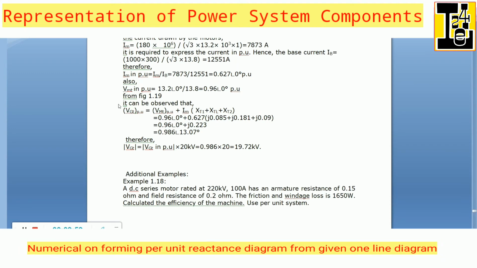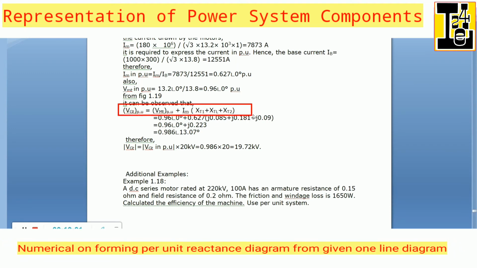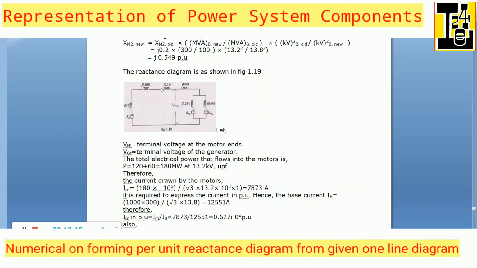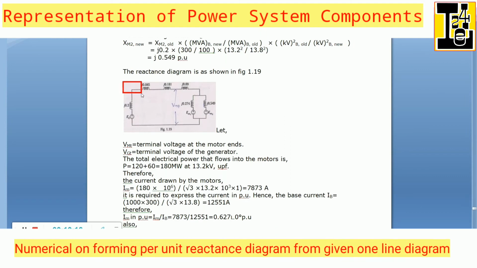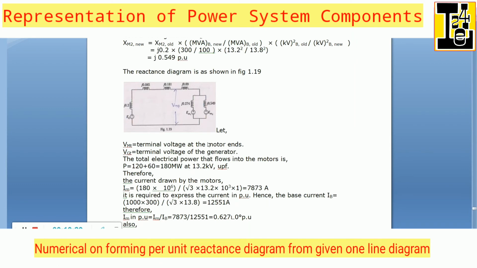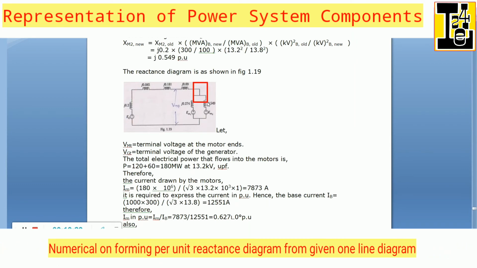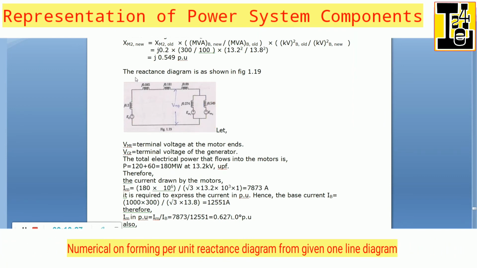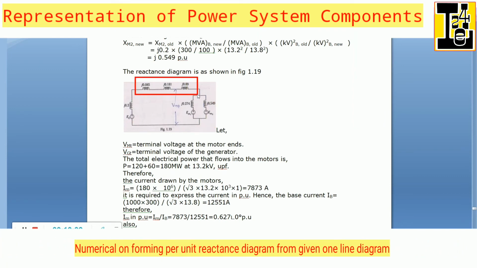So VGT can be calculated as VMT per unit plus IM per unit into bracket XT1 per unit plus XTL per unit plus XT2 per unit. It means that the voltage at this place, that is the terminal voltage of the generator, is equal to the per unit voltage at the motor terminals plus the voltage drop occurring in T1, the transmission line and T2.